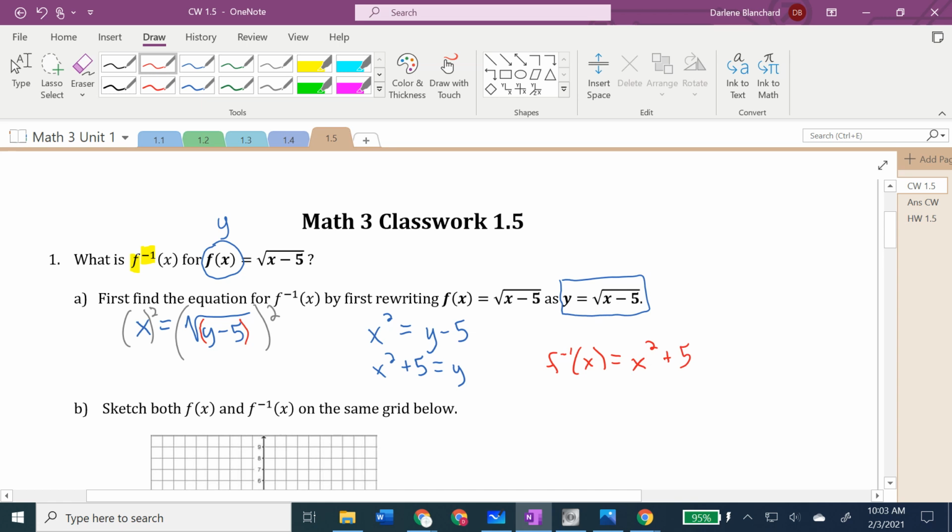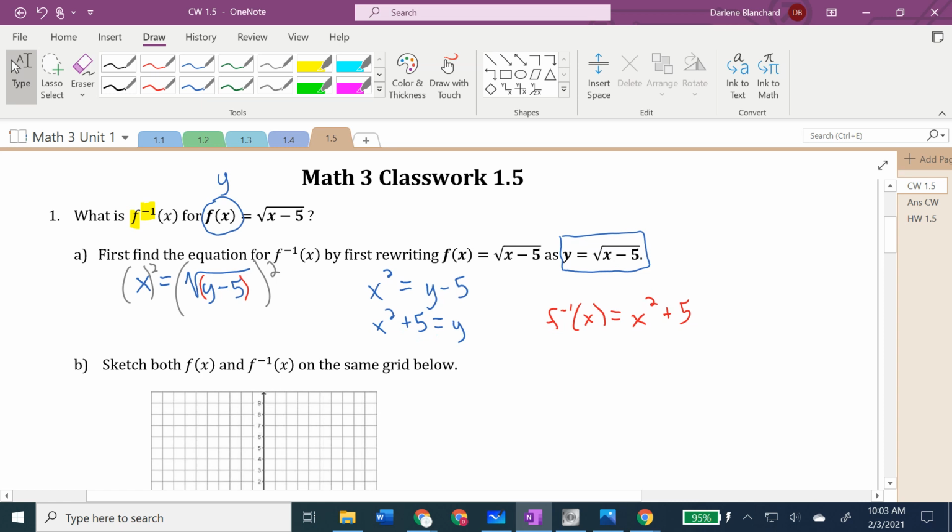Now, we are going to sketch both of these functions on the same grid. I've been having you graph the x squared and the square root functions.